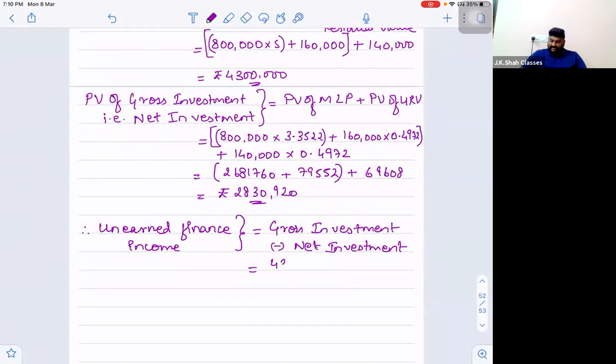So my gross investment is given in the question at 43 lakhs minus net investment is 28,30,920. Right? So my unearned finance income, what is the difference now? Somebody answered it. 14,69,080 rupees.